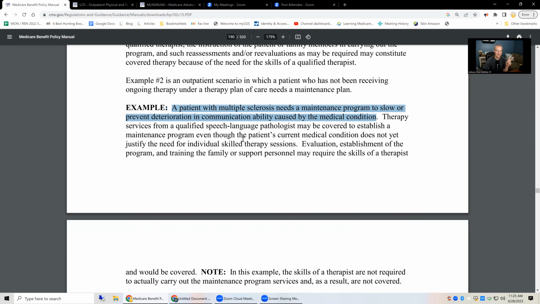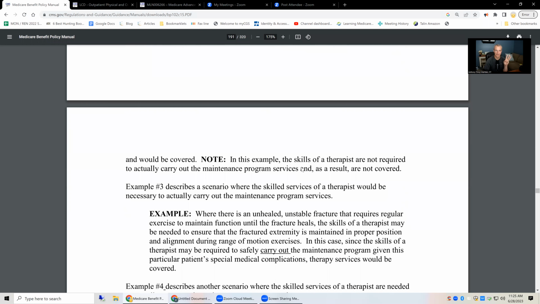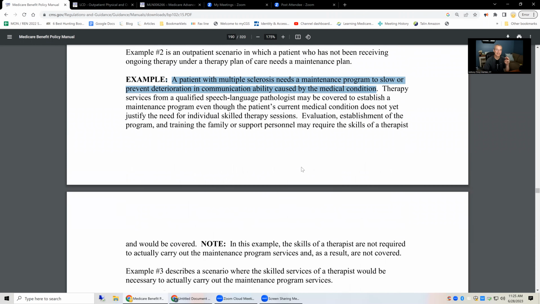Evaluation, establishment of the program, training the family or support personnel may require the skills of a therapist and would be covered. Notice it's not delivering the service. It's not the intervention itself. It's evaluating, establishing the program, training the family or support personnel.